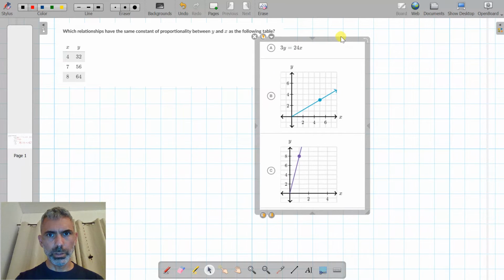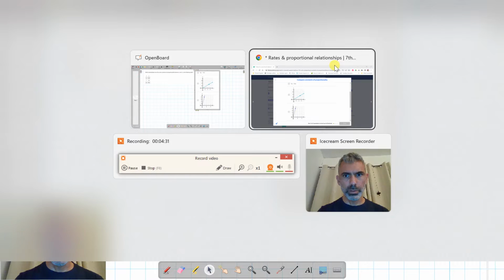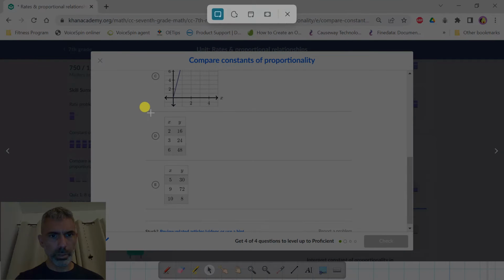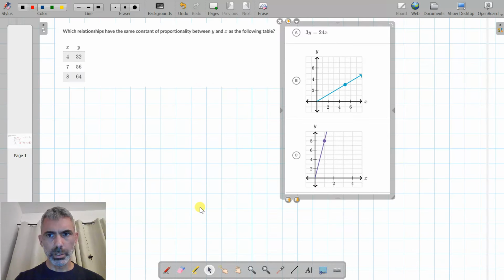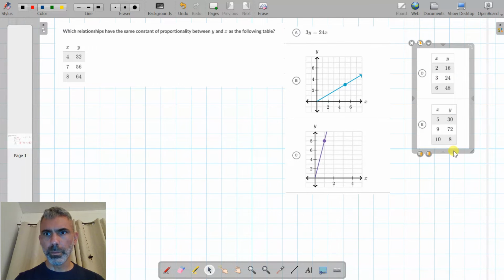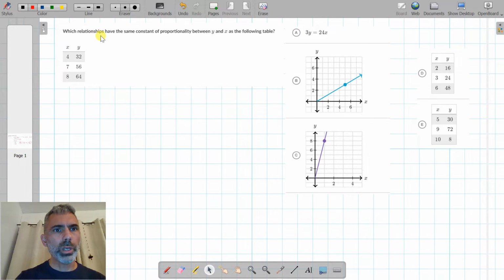So these are the first three. D and E are another two options. Which relationships have the same constant of proportionality between y and x as the following table?